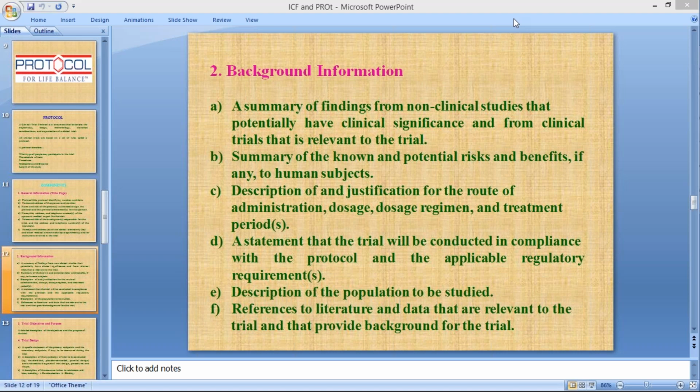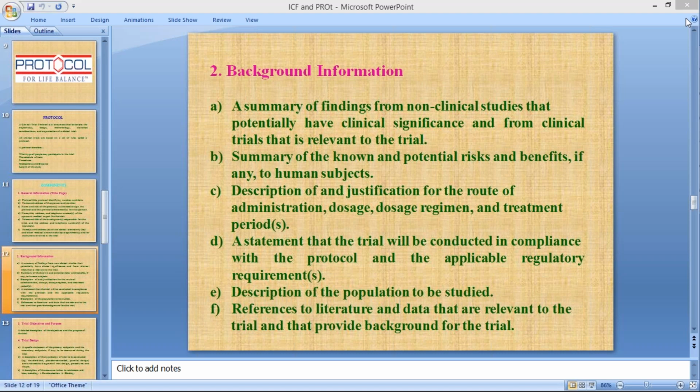These are all treatment periods. And the statement that this trial will be conducted in compliance with the protocol and the applicable regulatory requirements, what kind of population is to be studied, a description of the population to be studied, references to literature, and data that is relevant to the trial.